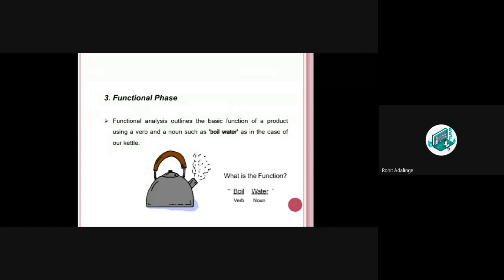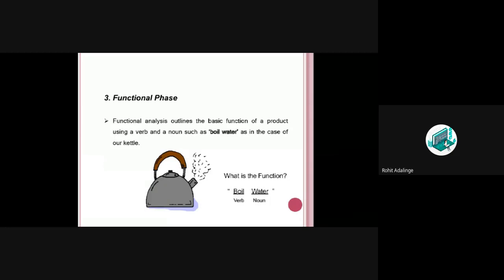What is the function? "Boil water": boil is the verb and water is the noun.